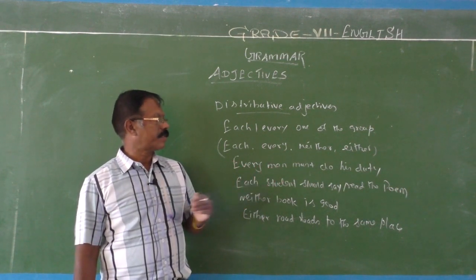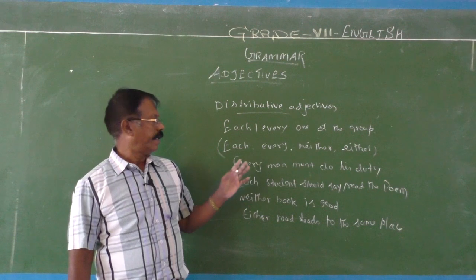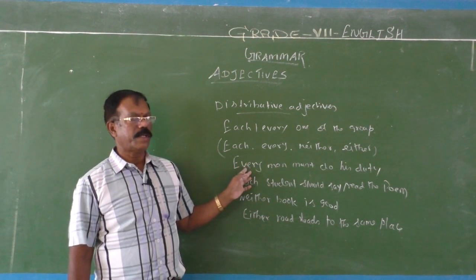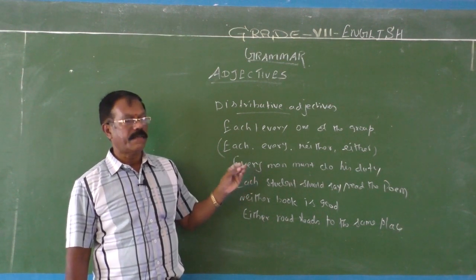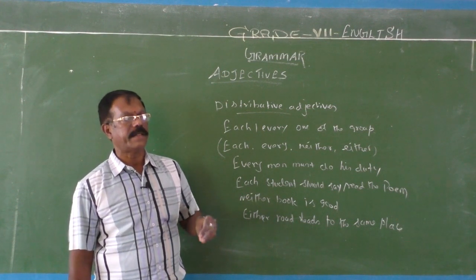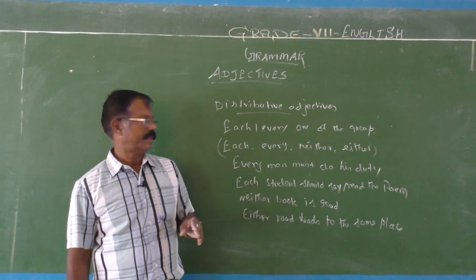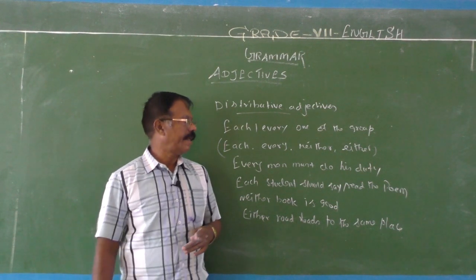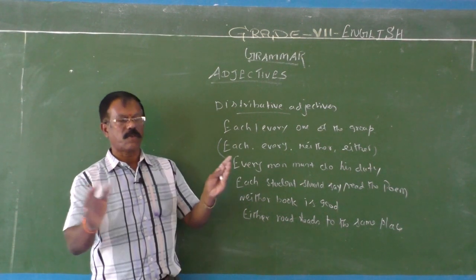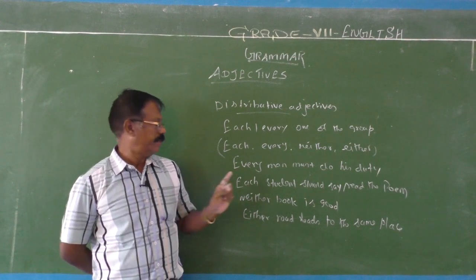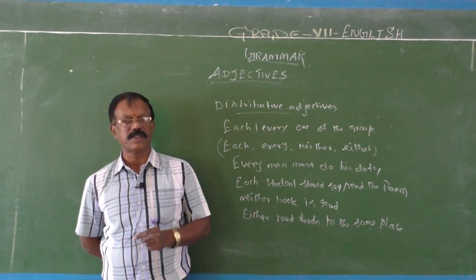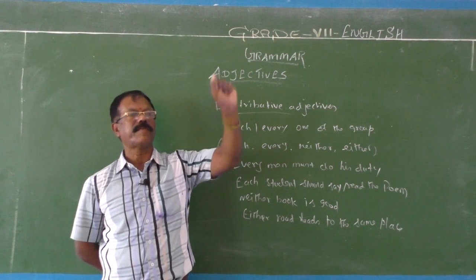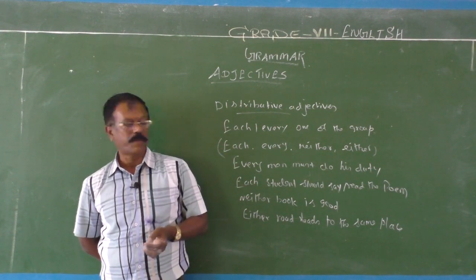Every man must do his duty. Here, every is a distributive adjective. It stands for every man in the world, every man who is born in the world. Each student should say or read the poem. It stands for the group of students. Each refers to each and every one of the students of that group.